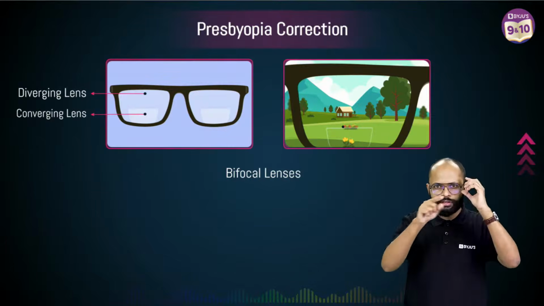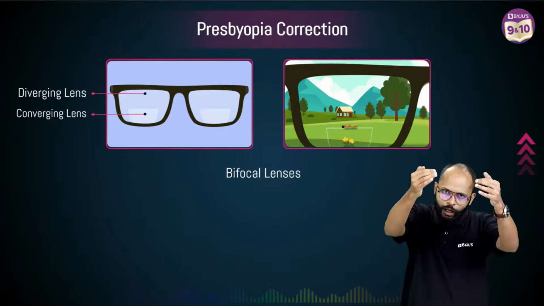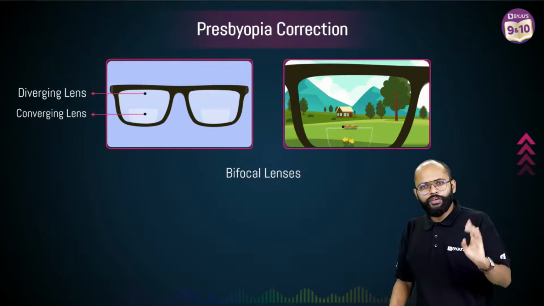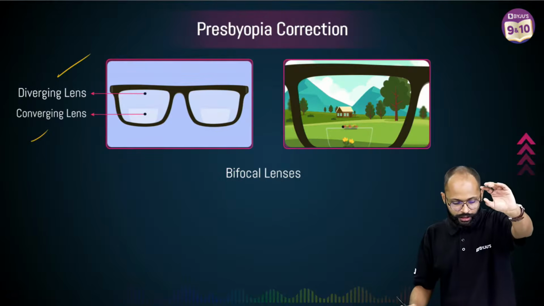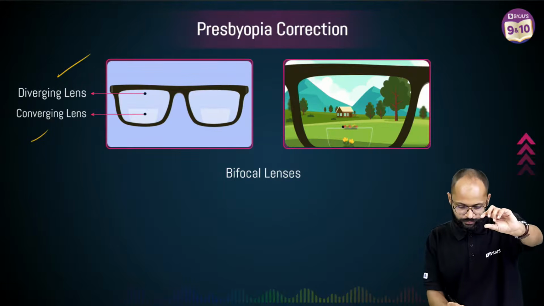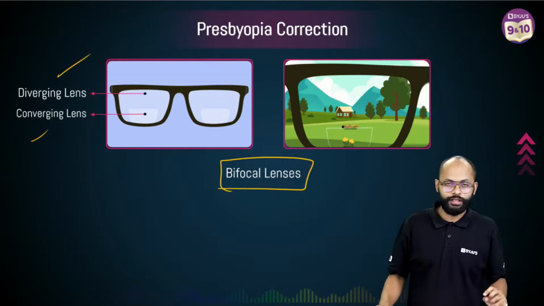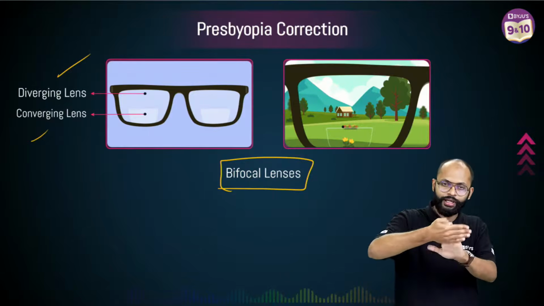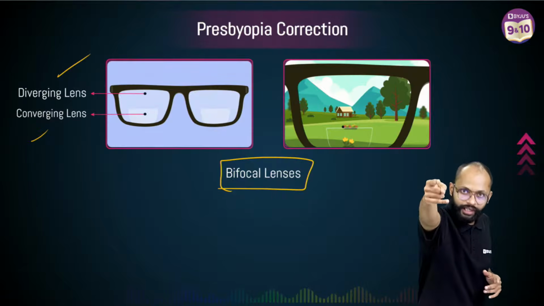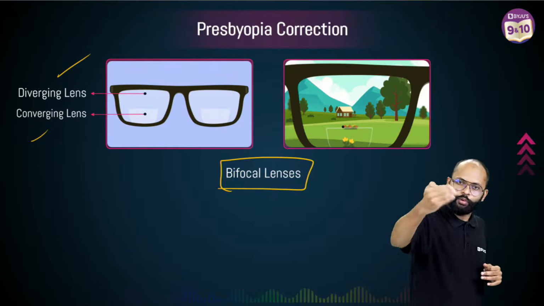Sometimes they might use that small circle in between. Nowadays they are more gradual. We call them bifocals, है ना? Diverging lens is on the top, converging lenses are on the bottom. These are what we call bifocals because they have problem in viewing 25 centimeter also and infinity also. Means both are a problem, है ना?